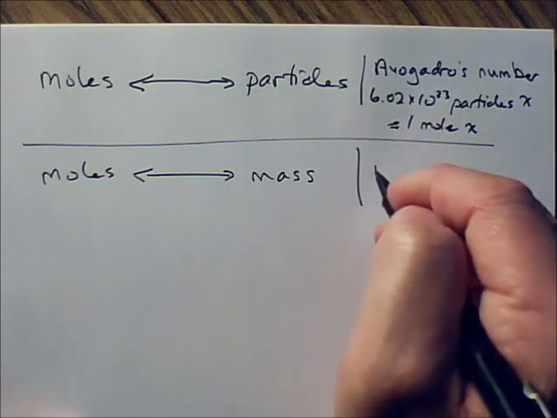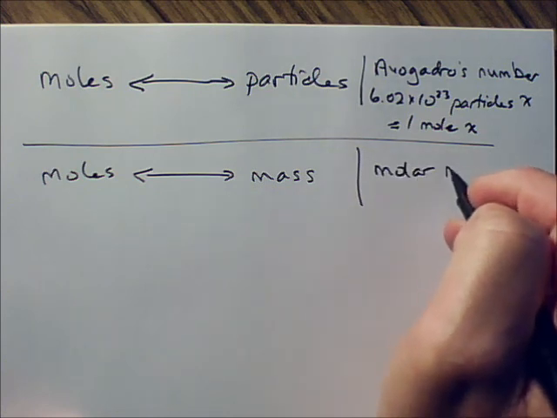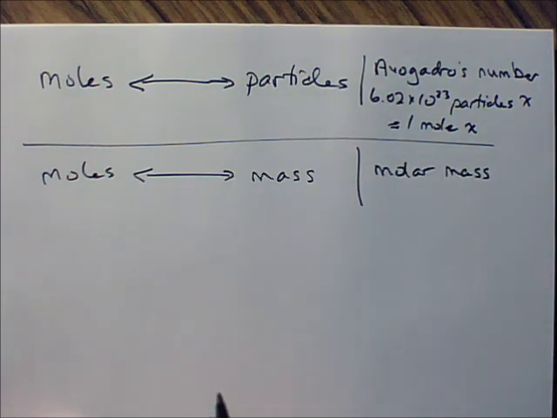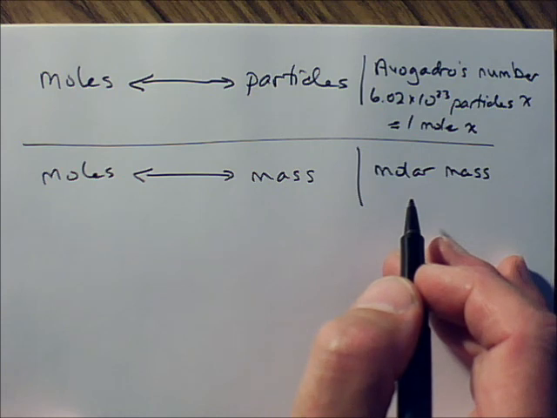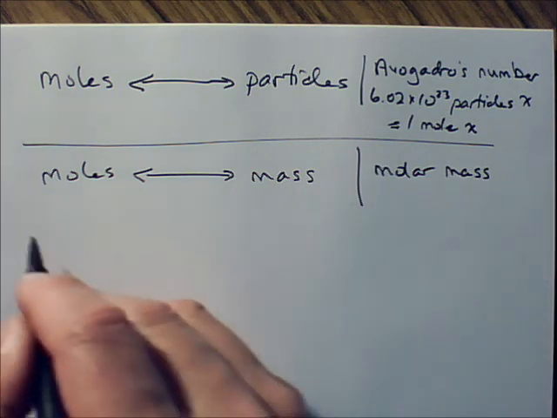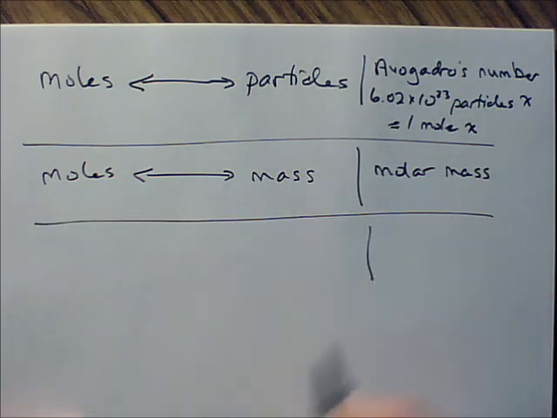And that's called the molar mass of the substance. Okay, and we get an equality statement from that, where the grams, which are equal to all the atomic masses all added up, equals 1 mole for that species.